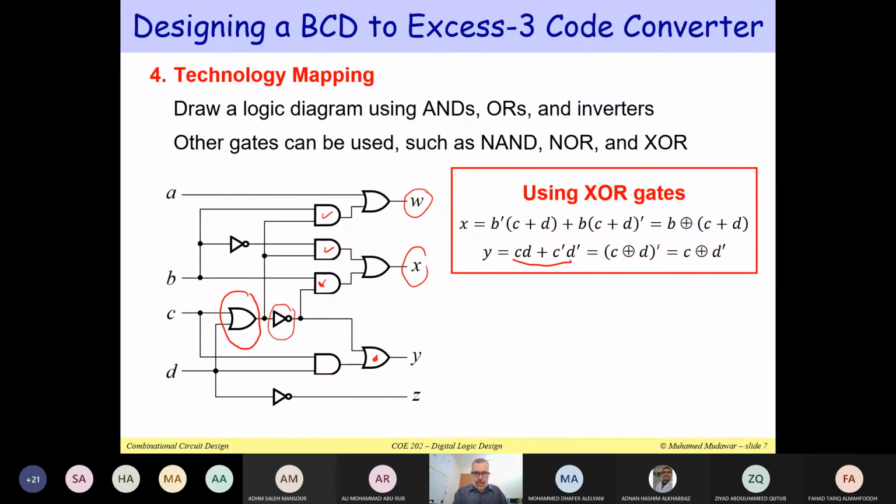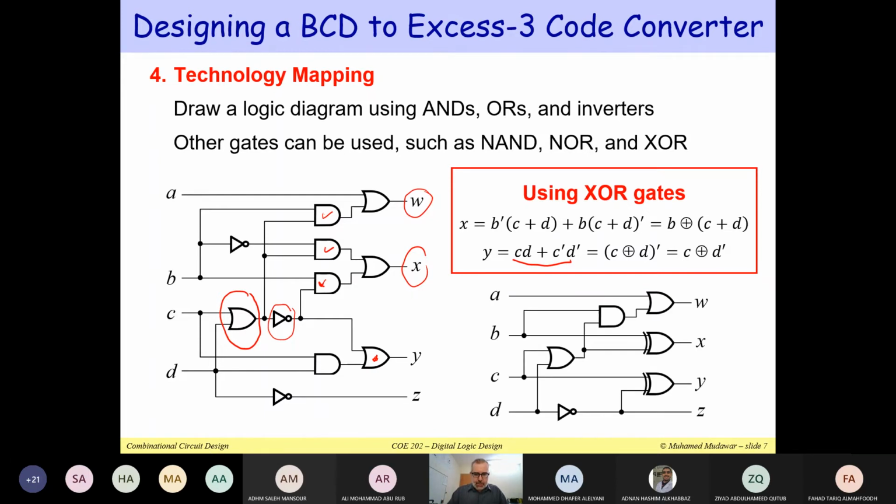We can take the XOR with D prime, and if you do it like this, you can even do more simplification using the XOR gate. So that's interesting: knowing the properties of these gates, the XOR gate and the exclusive NOR, and extracting common terms, you can do all of this.